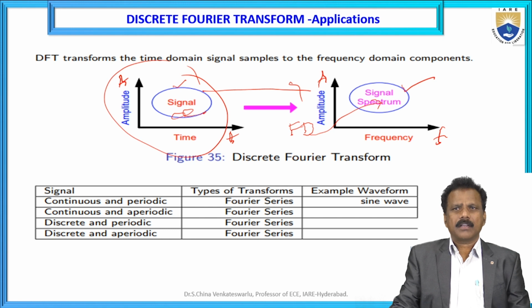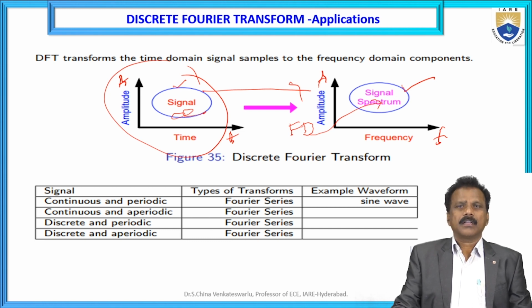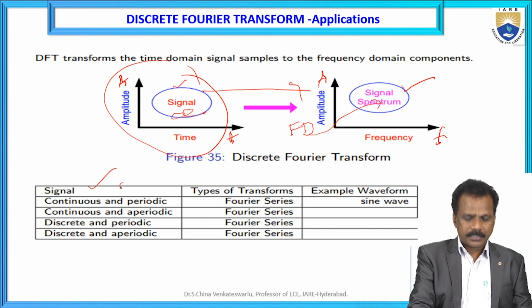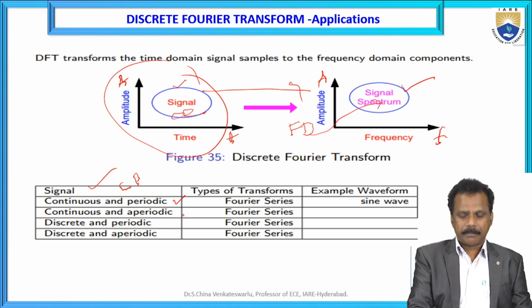We have a lot of signals, and the type of transform is identified by the signal, along with the expected waveform. We know the signals are continuous and periodic, or discrete and periodic.